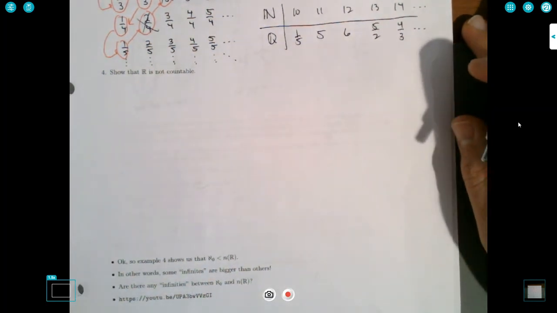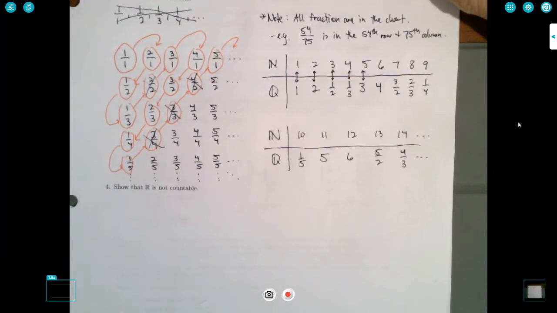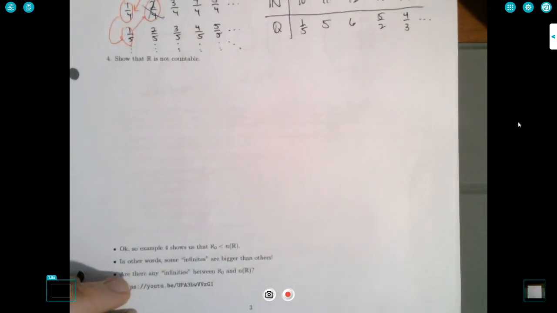The cardinality of the real numbers represents a bigger infinity than the infinity of the natural numbers, which is weird, right? It's like you're used to thinking of infinity as just, oh, it just means it goes on and on and on, right? But there are infinities of different sizes, which is kind of crazy, right? But let's prove it. So we'll show that the real numbers are not countable.